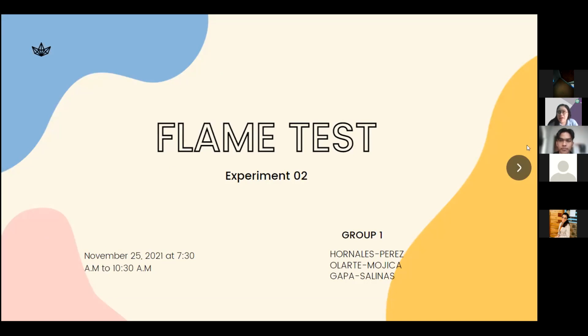Now, this flame test is used for identification. For example, we have solutions and we don't know the components of the solutions. We can do a flame test to first identify what ion is dissolved in that solution.